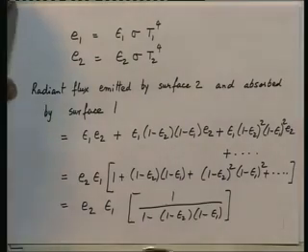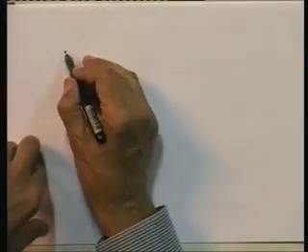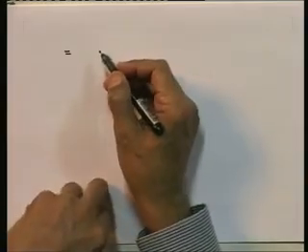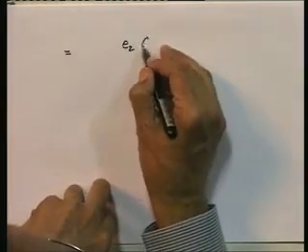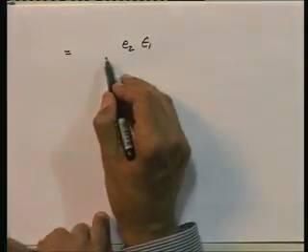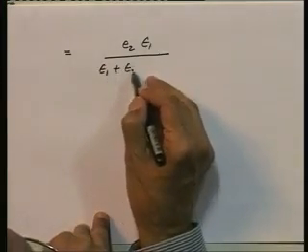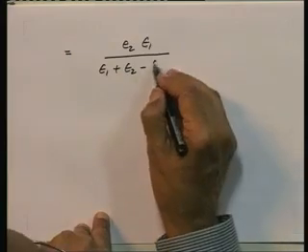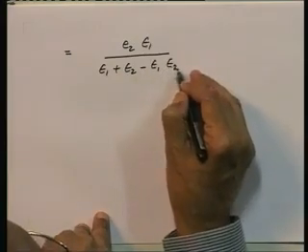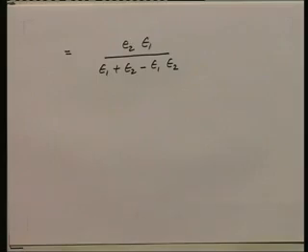And I can simplify that expression a little further and say, on simplifying, E2 epsilon 1 divided by epsilon 1 plus epsilon 2 minus epsilon 1 epsilon 2. That is what it will simplify to, which you can check yourself. Okay. So, this is the radiant flux emitted by surface 2 and absorbed by surface 1.